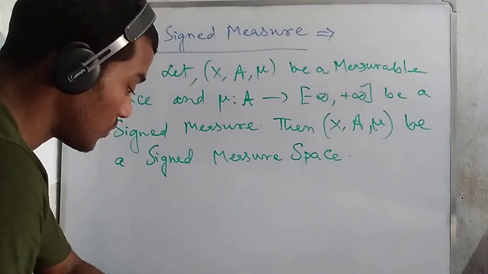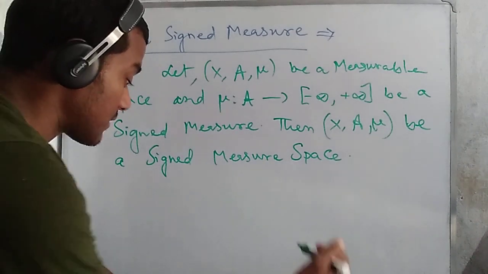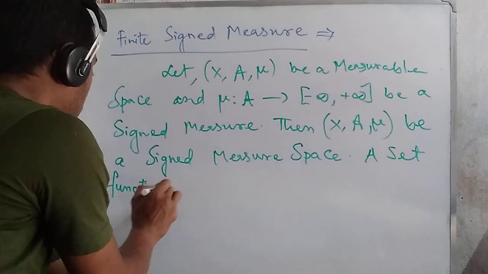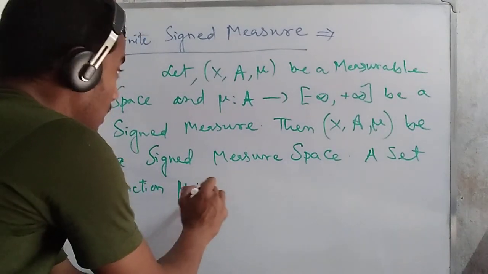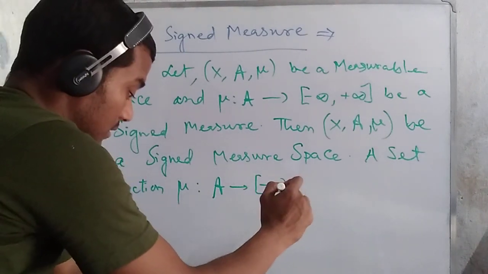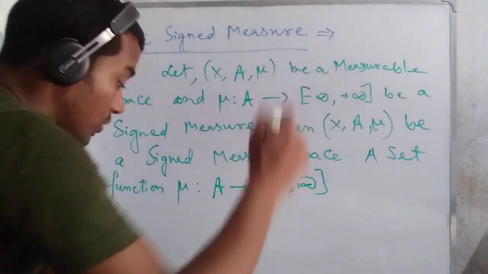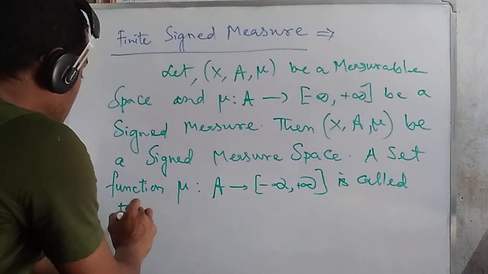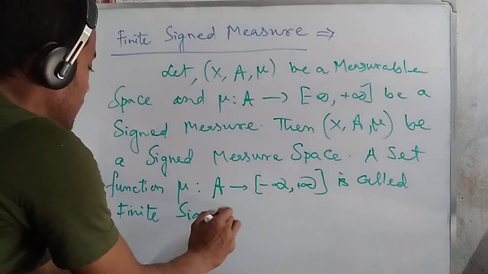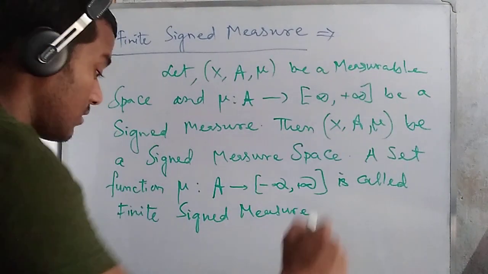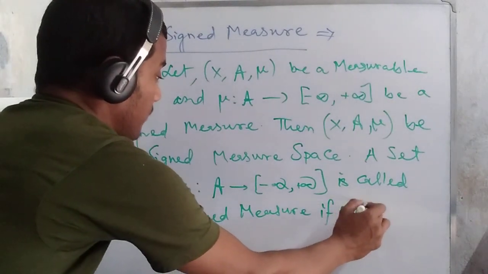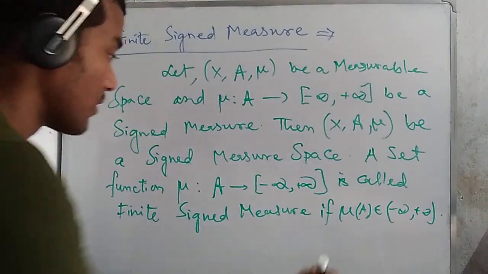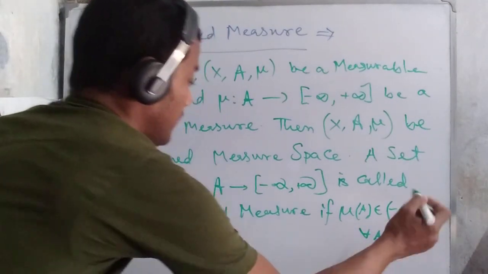So when do we call a set function μ: 𝒜 → ℝ a finite signed measure? It is called a finite signed measure if μ(A) belongs to the open interval (−∞, +∞) for all A belonging to 𝒜.